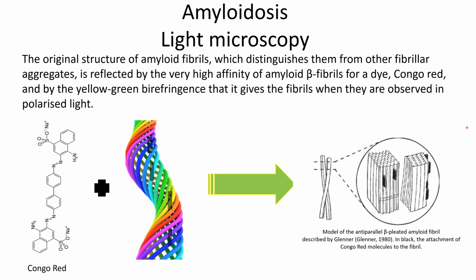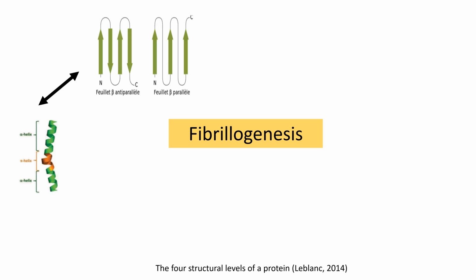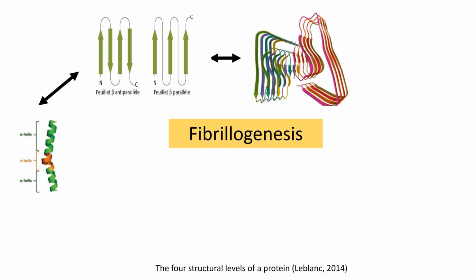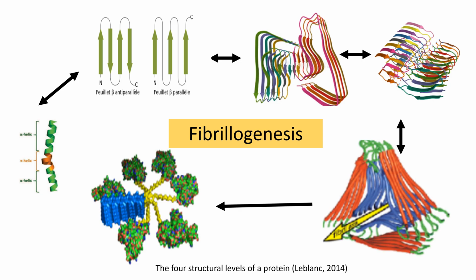This is a diagnostic test for the presence of amyloid in tissues. Several transformations of this protein from an unfolded form to a nucleus and the secondary, tertiary, and finally the definitive quaternary structure, which is the insoluble form.